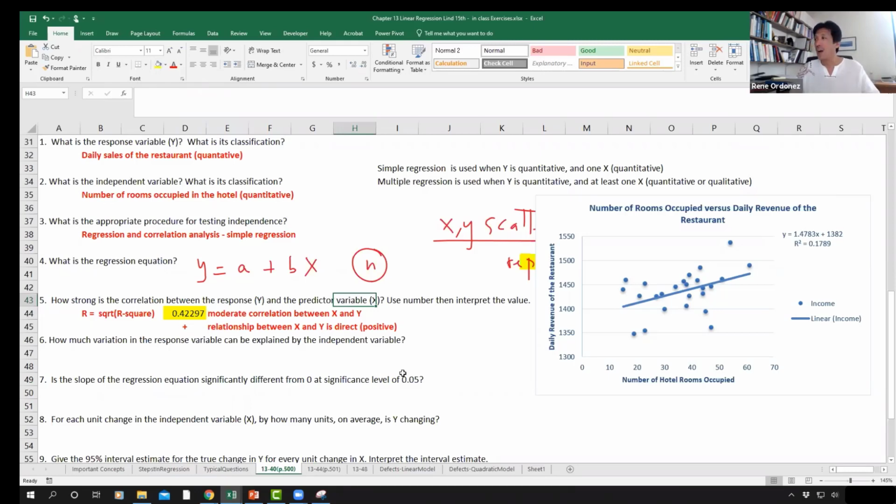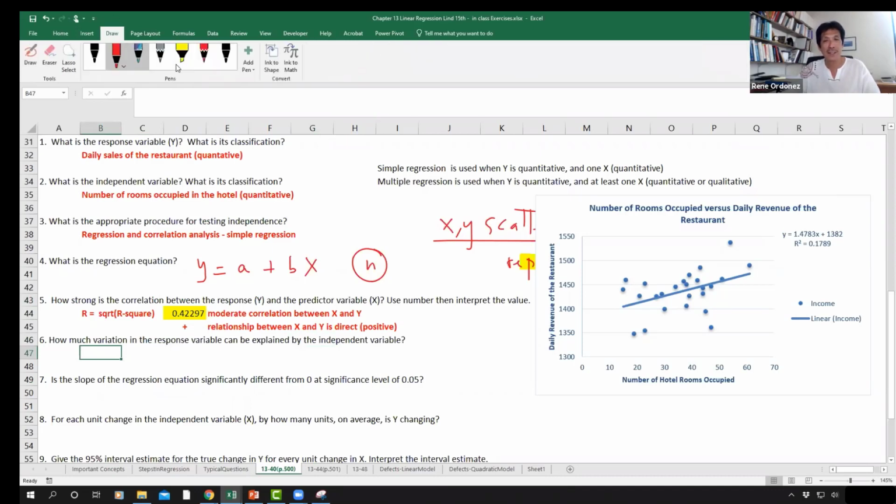Are we good so far? Okay. How about 6? It says how much variation in the response variable can be explained by the independent variable. So here we'll just say the R squared value.